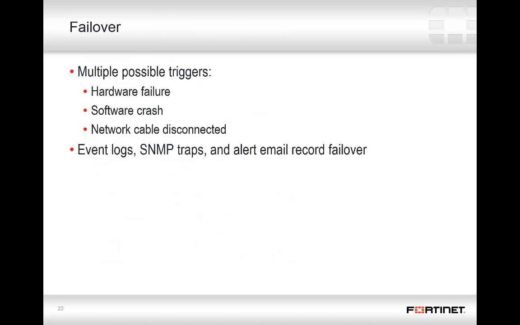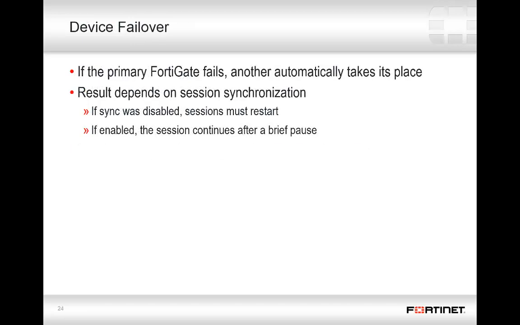Failover has a few possible causes. Let's look at each. When a FortiGate leaves an HA group due to, for example, a broken power supply unit, another FortiGate will automatically take its place. If your cluster is not set up to synchronize sessions, then all communications will be reset. So if someone was in the middle of downloading a file, the transmission would halt.